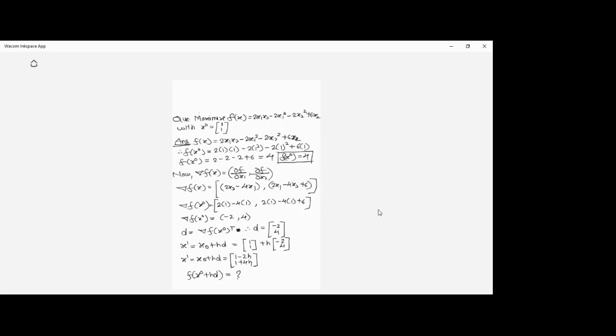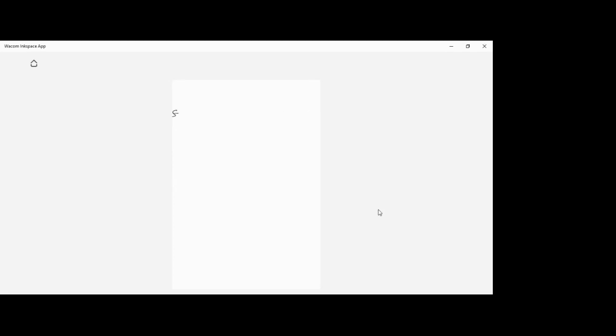I'll be taking a new page and repeating what we know here. We know f(x) is 2x1x2 minus 2x1 square minus 2x2 square plus 6x2, and x0 plus hd is (1 minus 2h, 1 plus 4h).